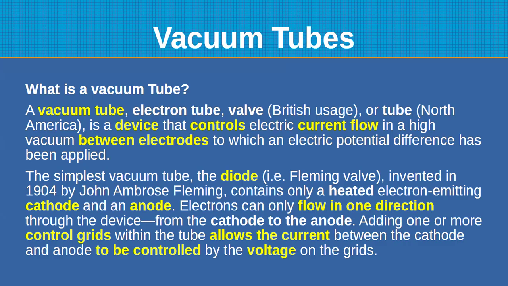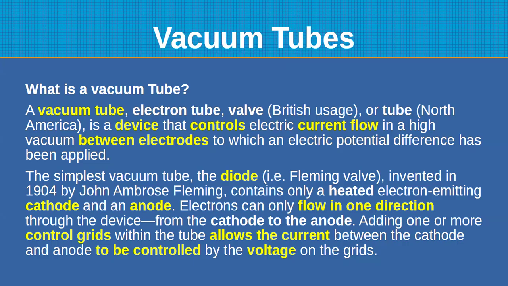They then discovered that if you added what we call a control grid, which is just physically some wires in the path between the cathode and the anode, by applying a voltage to those wires, we can create a field, like in the field effect transistor, and these came first, that will control the flow of electrons between the cathode and the anode.